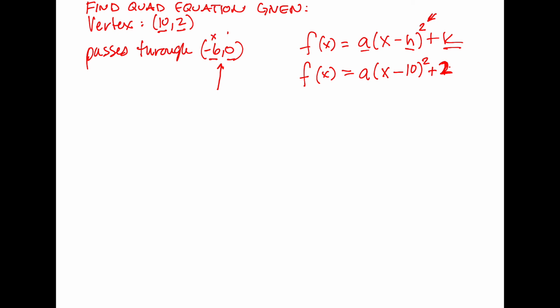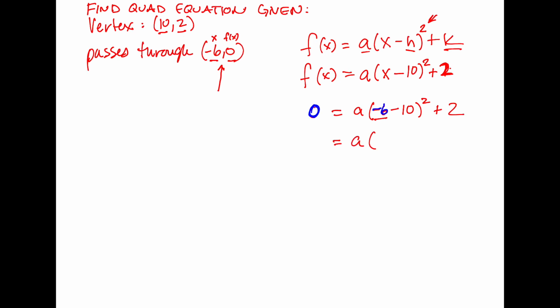So this would be my input, this would be my f of x, my y output, and if I substitute these in temporarily, leaving a there, I have a relationship that I know exists: when the input of negative 6 is put into my function, the result is 0. We could be given any numbers. We're lucky in this case to be given a 0 because they just always happen to work out nicely. But now there's only one variable, a, that I need to solve for here.